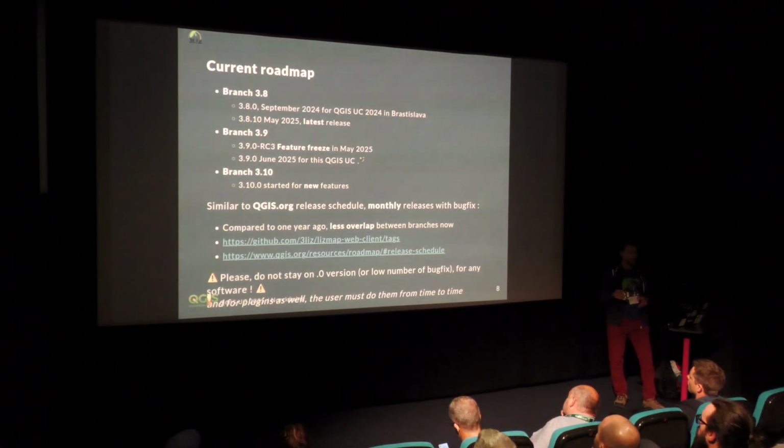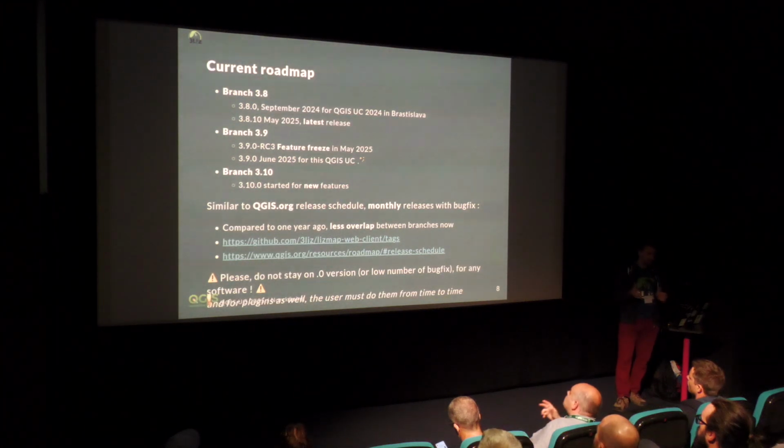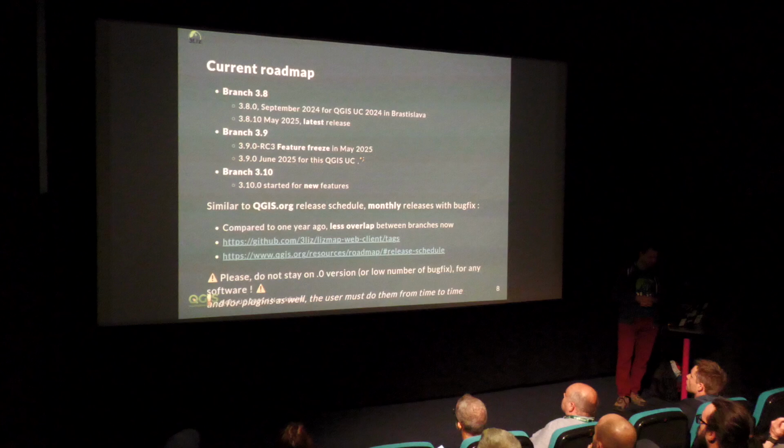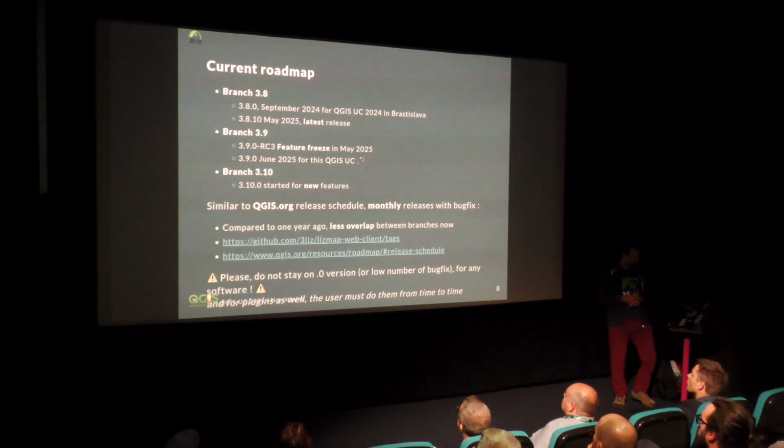So the current roadmap, so we are quite active. We do a release every month. So for now, we are at branch 3.8. The first version was released during the QGIS user conference in Bratislava last year. Now we are at version 10 in May.